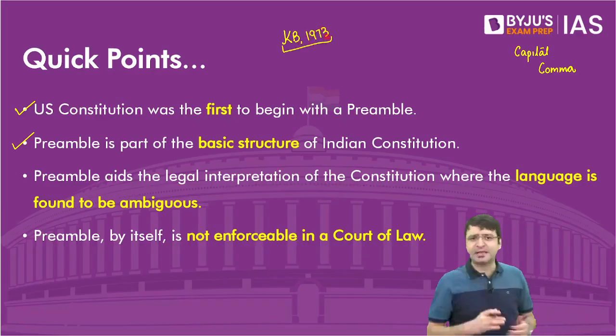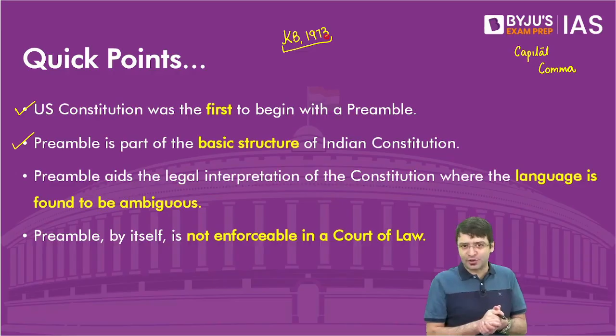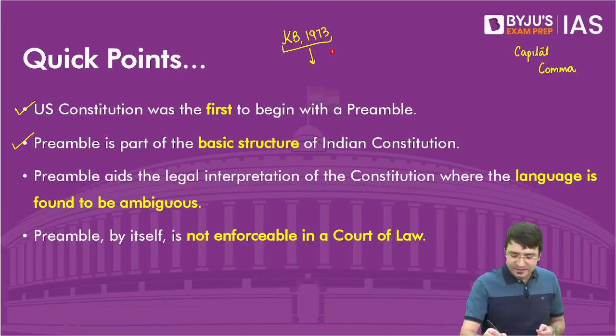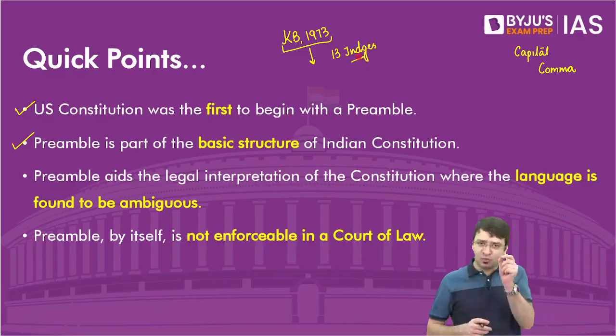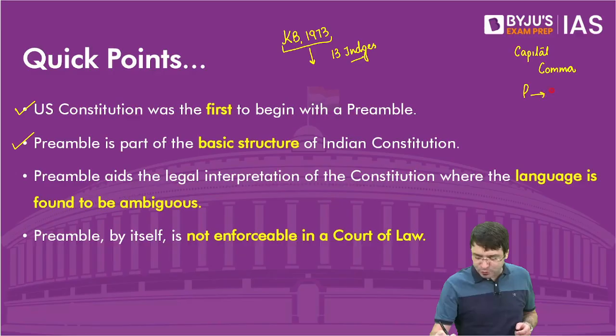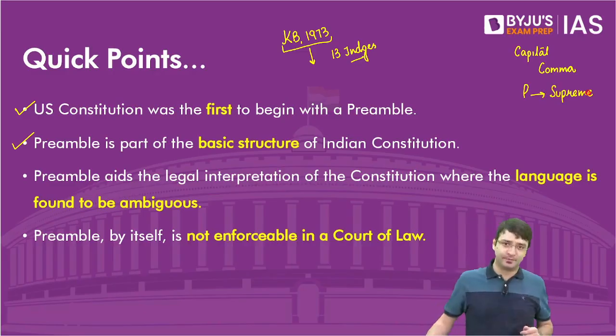We will understand this judgment in great detail when we will discuss amendment to the Constitution. But very briefly here, the principal question before the court, 13 judges of the Supreme Court in 1973 had to decide one key question. Is the power of Parliament supreme that it can amend any provision of the Constitution?